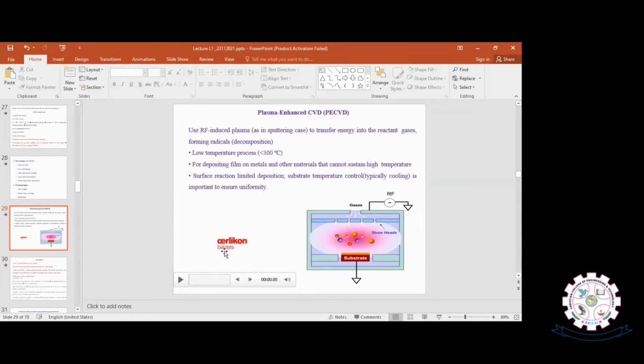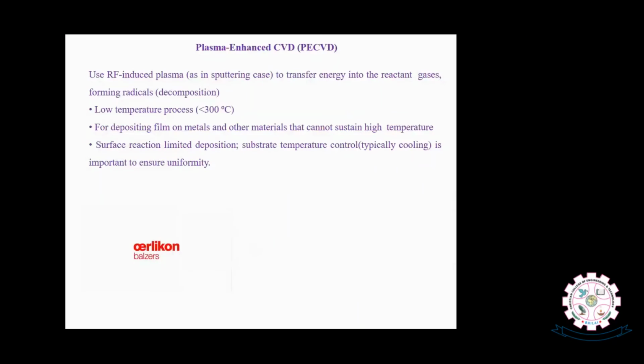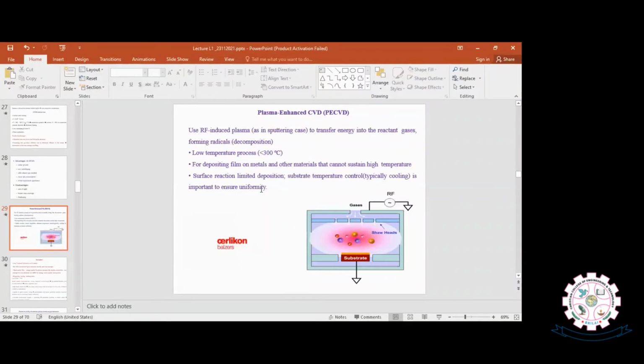So here, what is the need of plasma? The simple answer is that sometimes you have to heat at a very high temperature. Then your substrate may not allow it, because your substrate may melt at high temperatures.